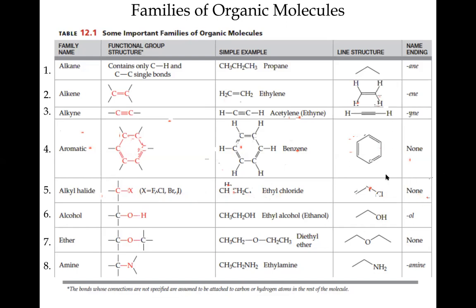Now, note, don't confuse this as propyl chloride, okay? Because I know that you could look here and say, well, I see this structure up here that looks a lot like this right here, so they must be the same thing.